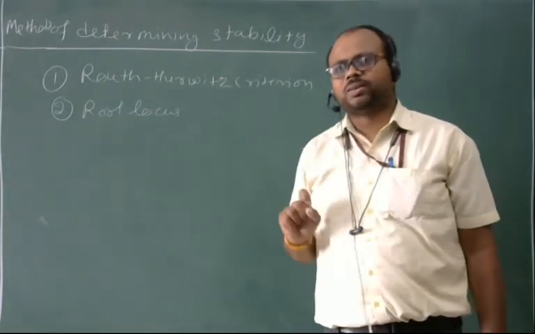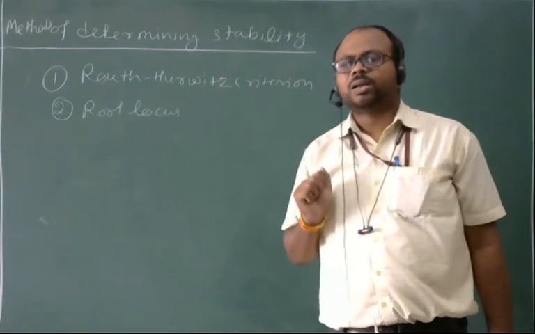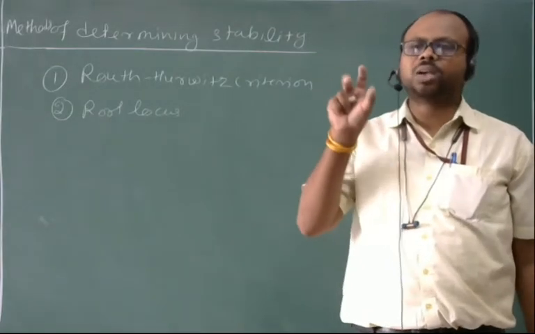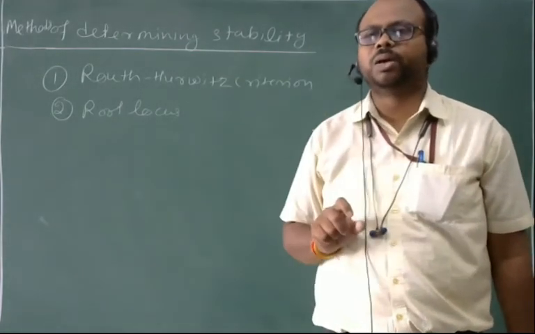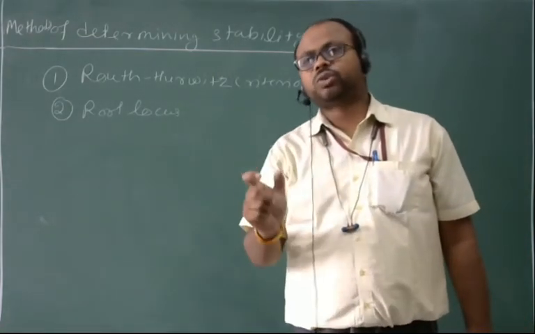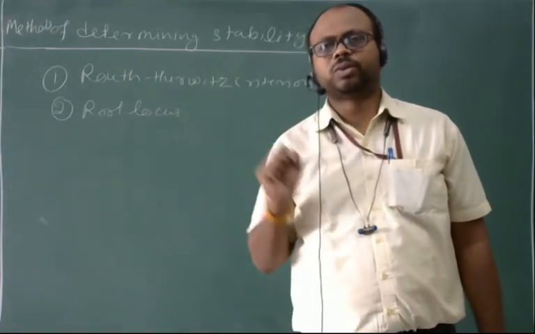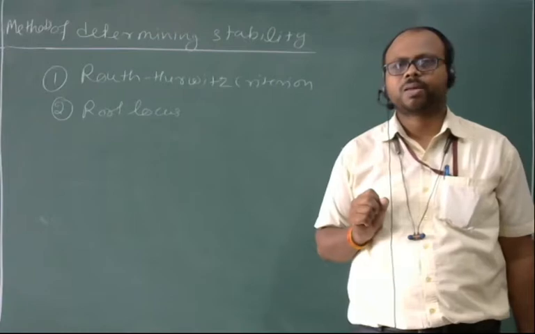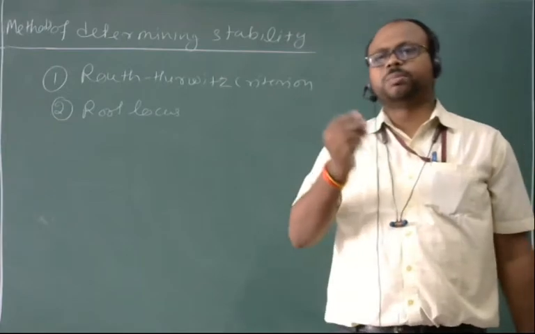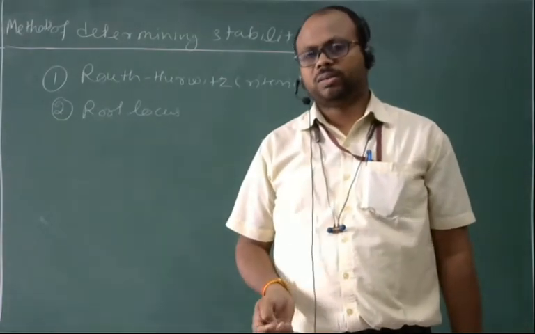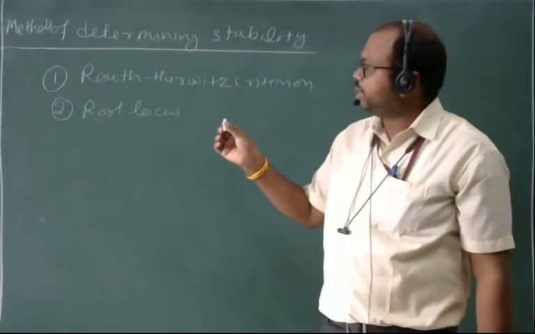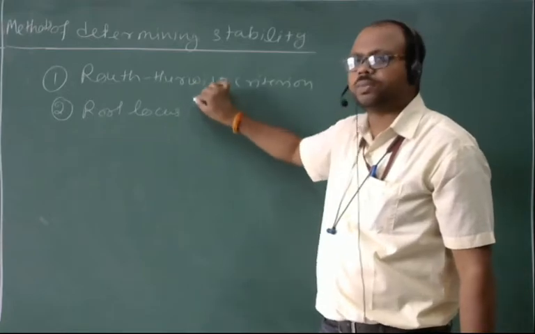In both of the methods, we are focusing on the relative stability. These methods give us absolute stability as well as relative stability, right? The absolute stability, which is just the statement that the system is stable or not, can be determined from both of the methods.